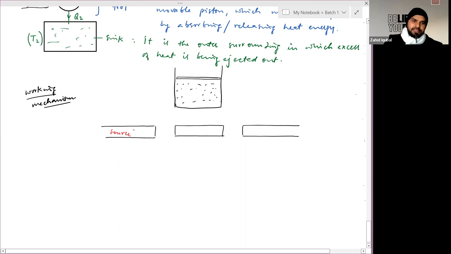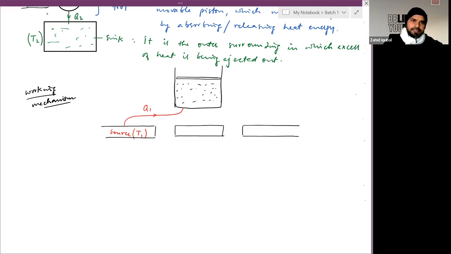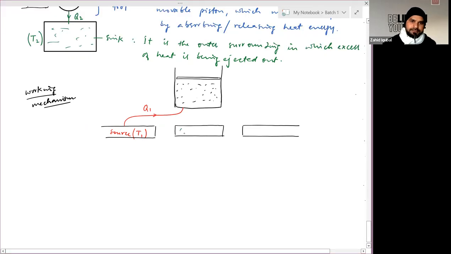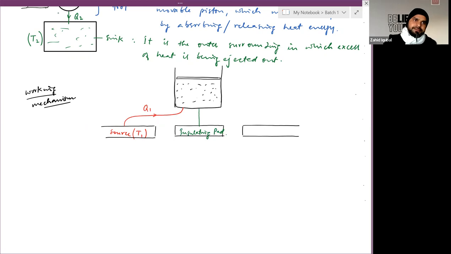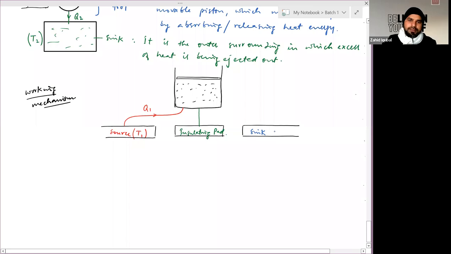First part is the source having temperature T1. Second part is an insulating pad, for which there is no supply or rejection of heat to this particular system. And third is the sink or surrounding having temperature T2. It will eject some amount of heat into the surrounding.